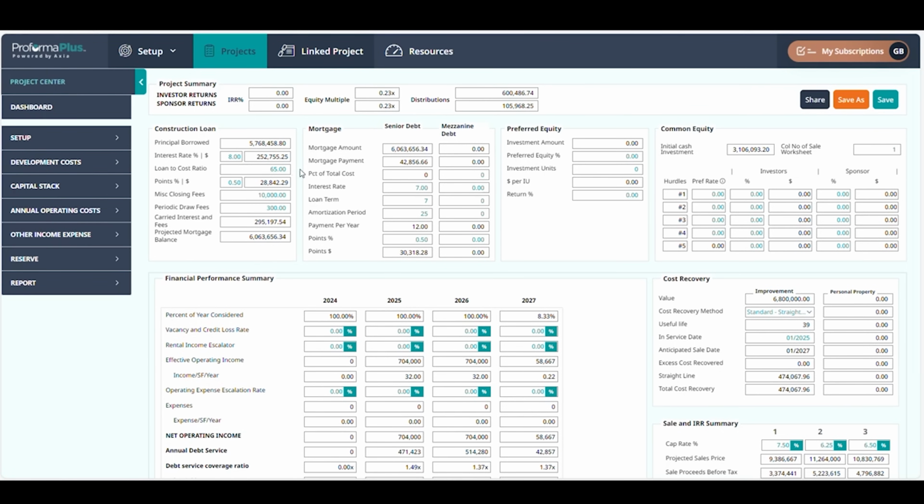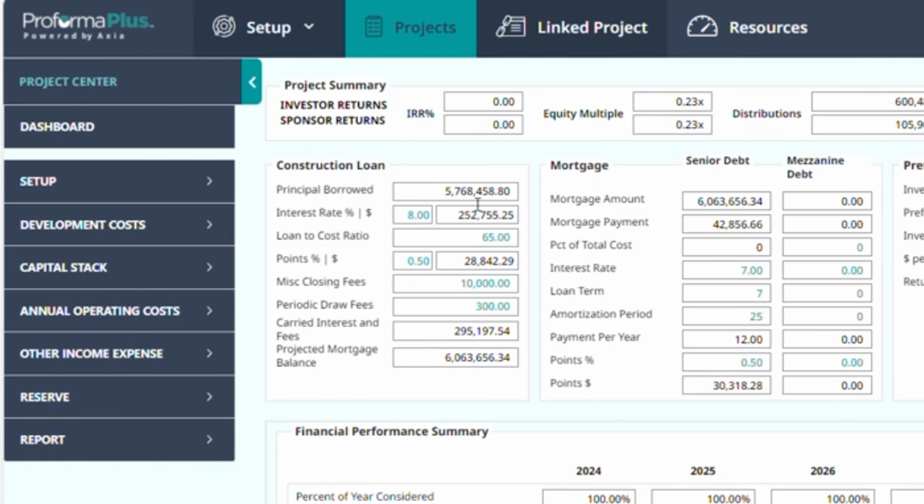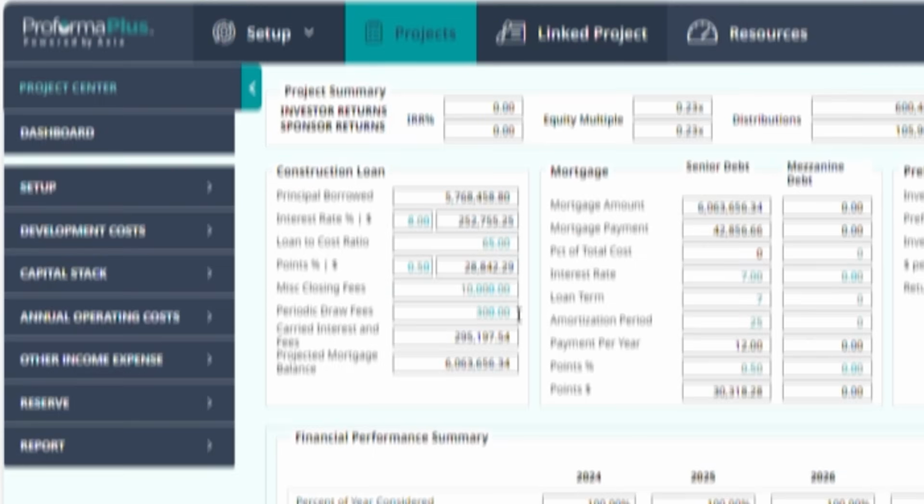So as we look at this particular project, it's got a principal borrow of $5.7 million. I've included a rate of a whopping 8% on the construction loan, and it's a 65% loan to cost. And then I've got some miscellaneous closing fees, some periodic draw fees that your bank covenant might require. That's where they go out and inspect.